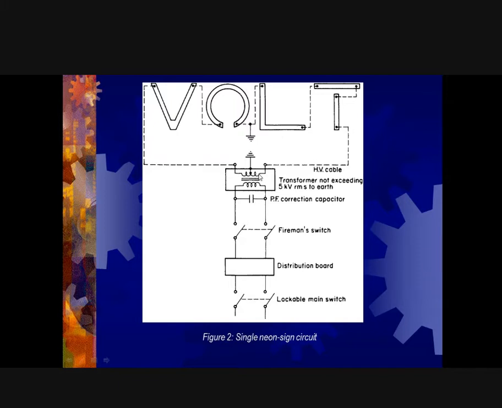And then the transformer will step up the supply voltage to high voltage to actually ignite the gas inside the tubes. All right, now this is basically self-explanatory. As fourth-year engineers, you should be able to describe the function of the circuit, right?